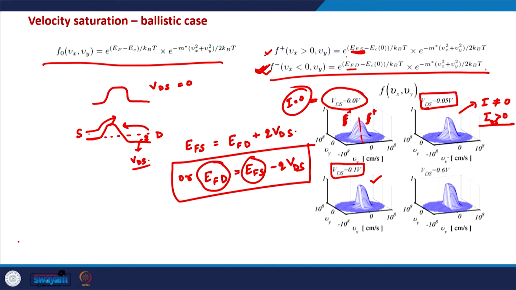So as expected, the positive half of this distribution is still intact because there is no change in the barrier, the height of the barrier from the source side to the top, and that's why this positive half almost remains the same.